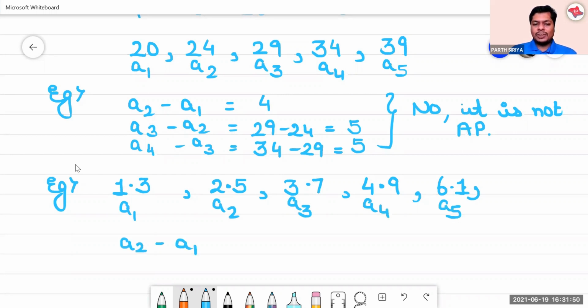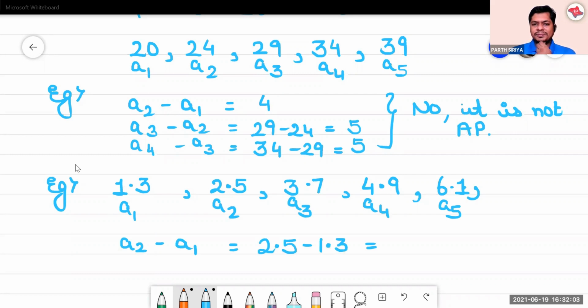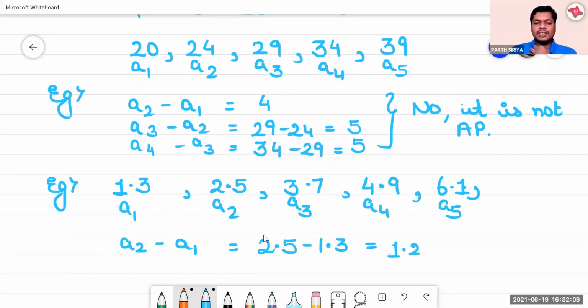Kiran, what's the difference between A2 and A1? 2.5 minus 1.3. 1.2. Correct, 1.2. Okay. Ojaswita, you tell me what is the difference between the next two terms? A3 minus A2.